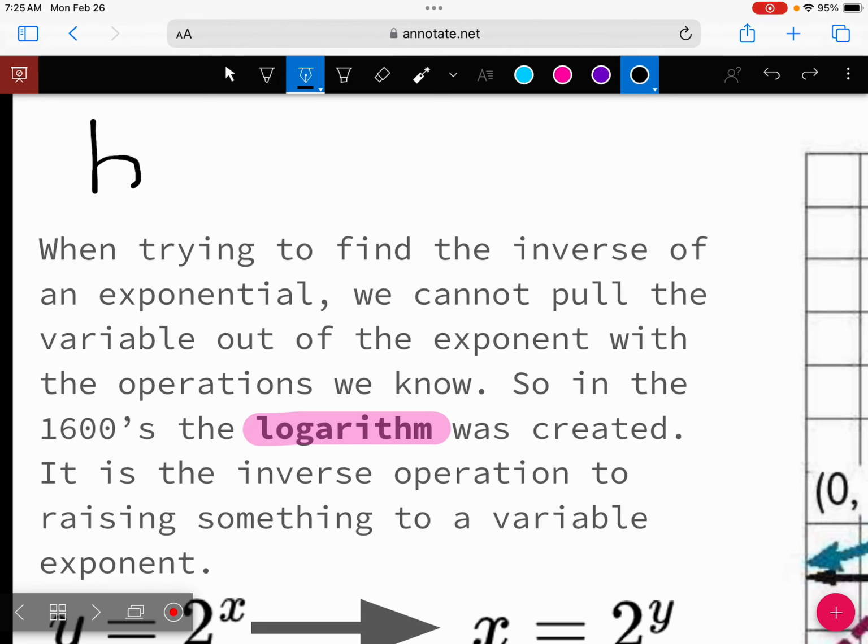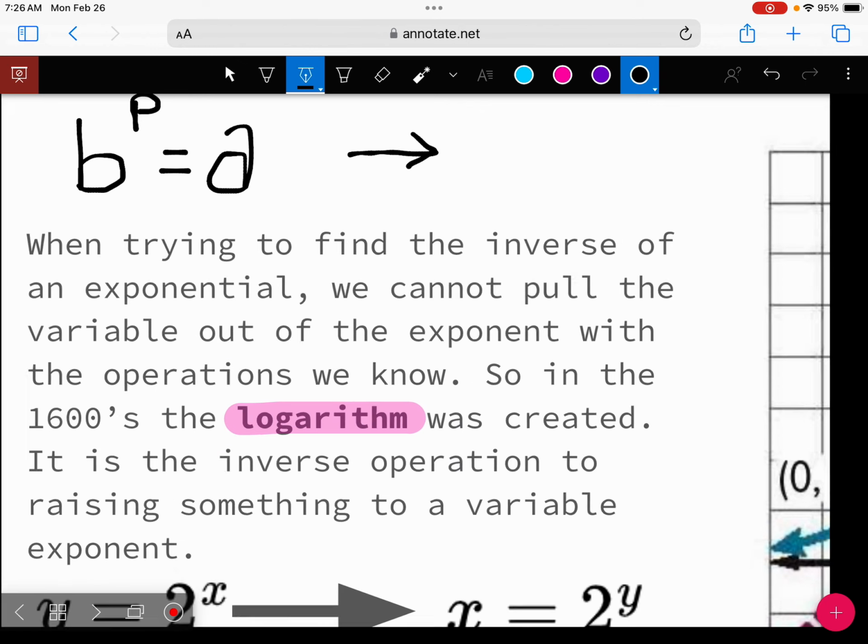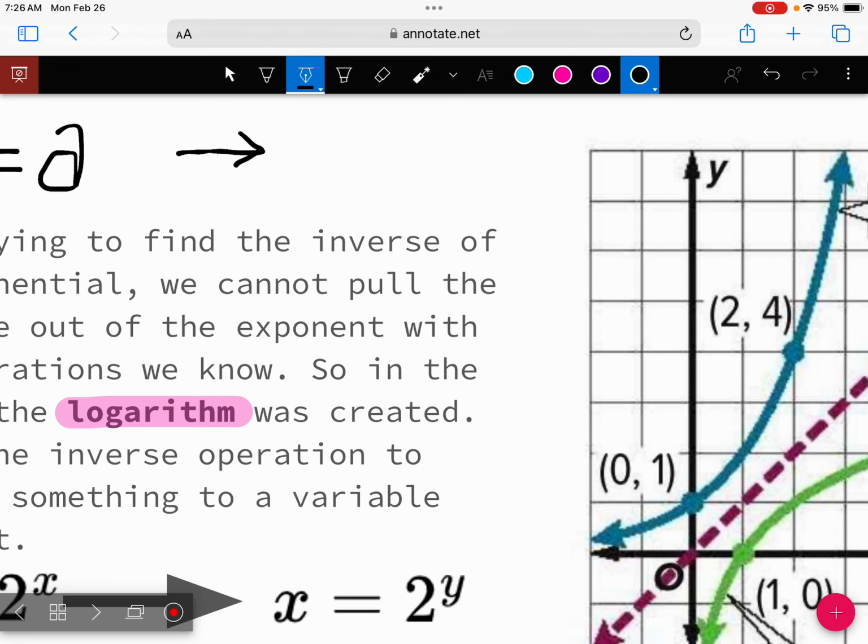So we're going to be taking bases that have powers that equal something called an argument, or the answer. Like we've worked with those: 2 to the x, 2 to the third, 4 to the 7th, whatever. Base to a power. And to write it in logarithmic form, we write the word log, L-O-G.